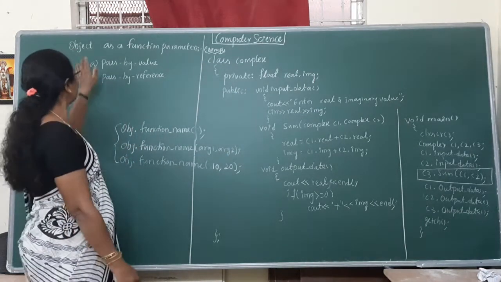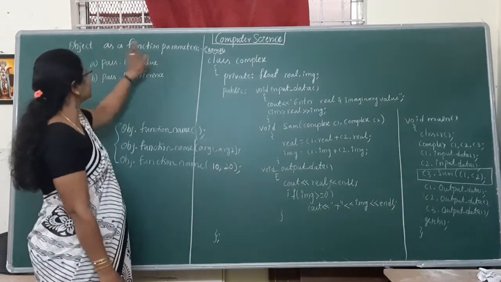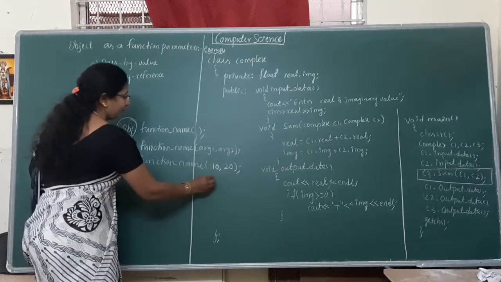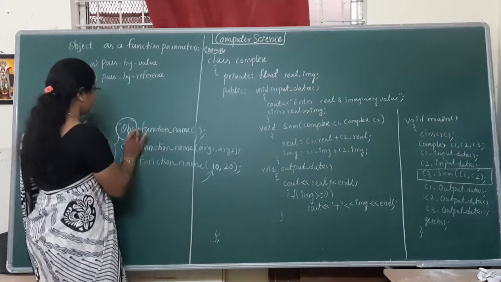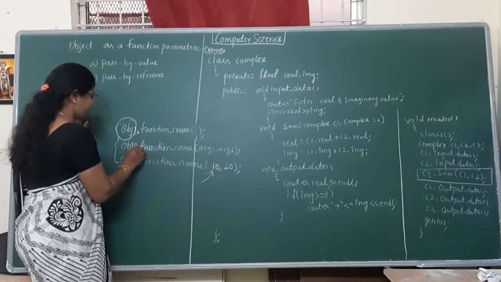But here we are invoking a function with an object as a parameter. This particular object is a parameter we need to take. How can we create it? This is object 1 and this is object 2.